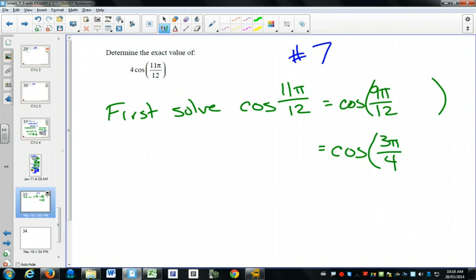Again, if you chose pi over 4, or 5 pi over 4, or 7 pi over 4, any one of those will work. 9 pi over 12 is close, and then to get 11, you just have to add 2. And 2 pi over 12 simplifies to pi over 6. So we have an alpha and a beta value that are on our pi plate.